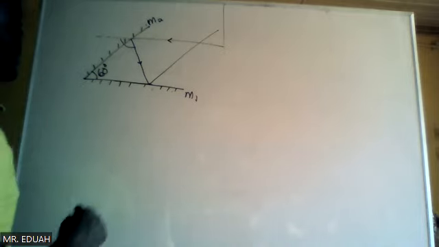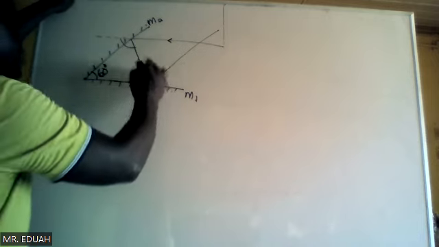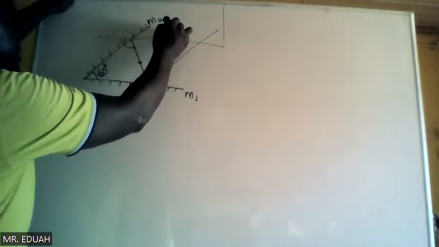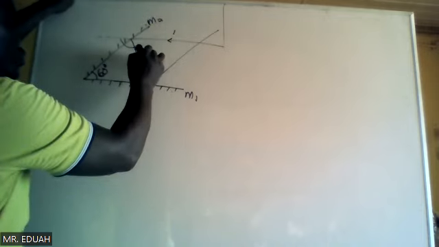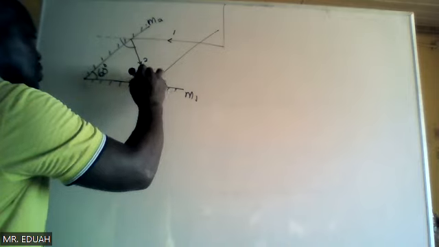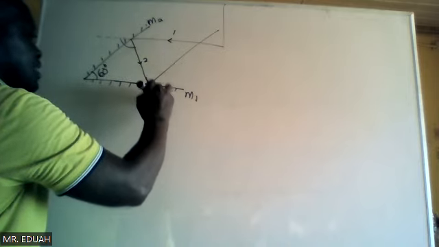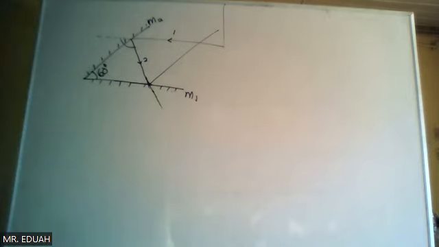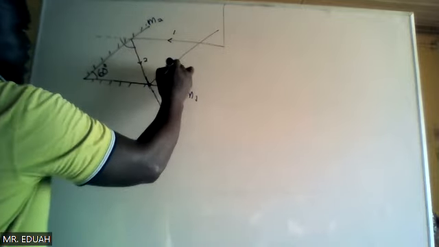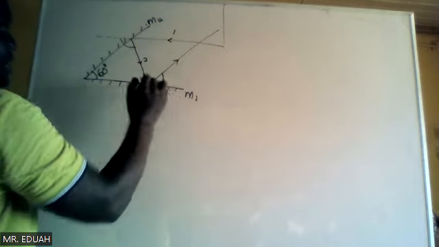Then the ray, let me indicate this as 1 and then 2. Ray 2 is supposed to travel straight. But because of its interaction with the mirror, its path is deviated to this. So this is another deviation.